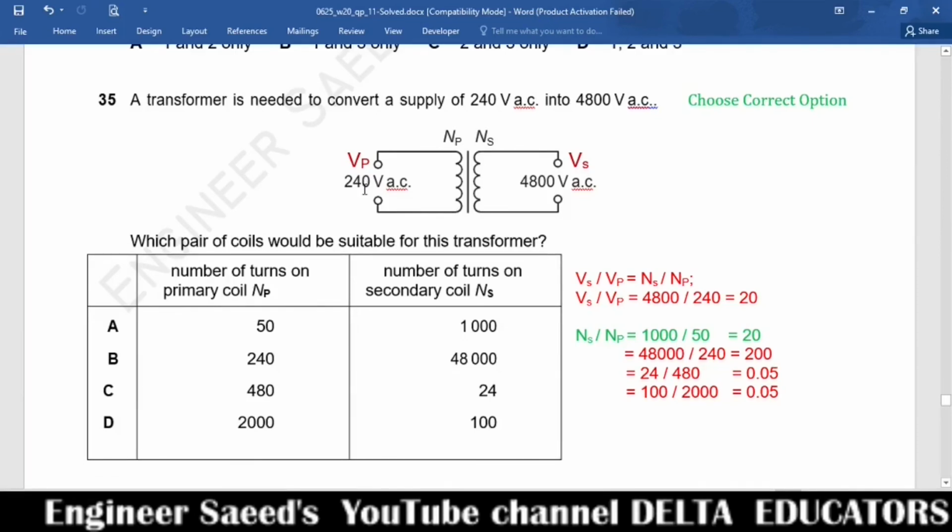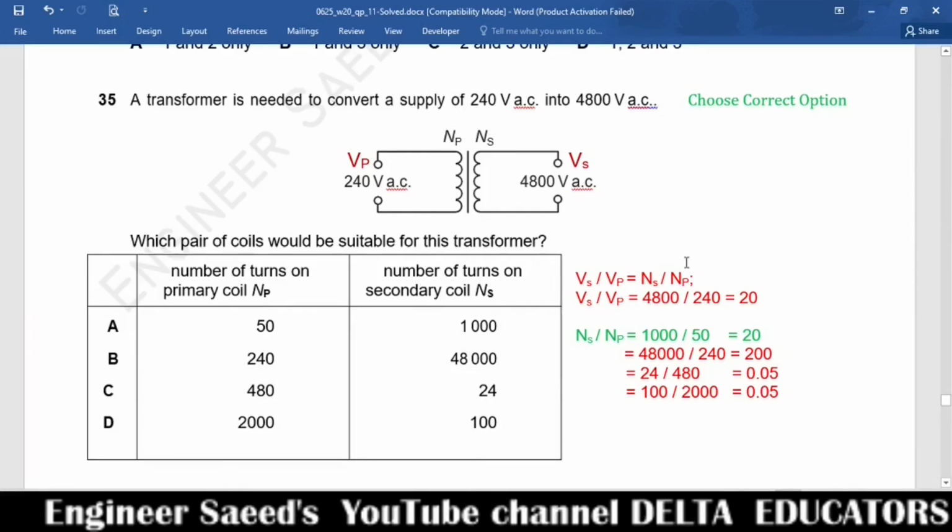So the voltage that is given, 240 volt, will be the voltage on the primary side and it is represented as Vp. And the 4800 volt will be the voltage on the secondary side and it is represented by Vs. In the topic of transformer, we have studied a relation Vs over Vp is equal to Ns over Np.